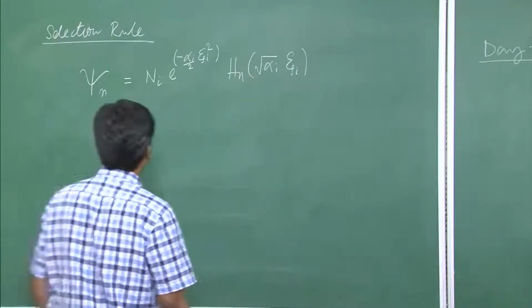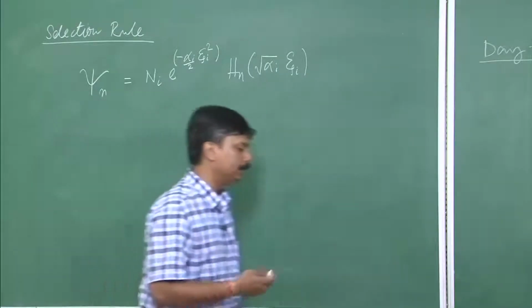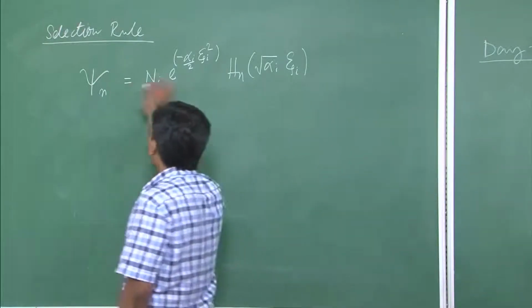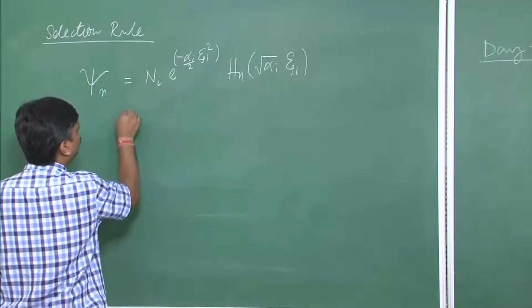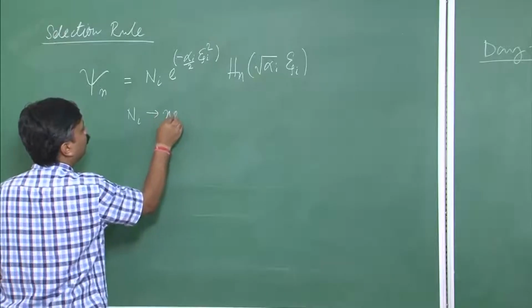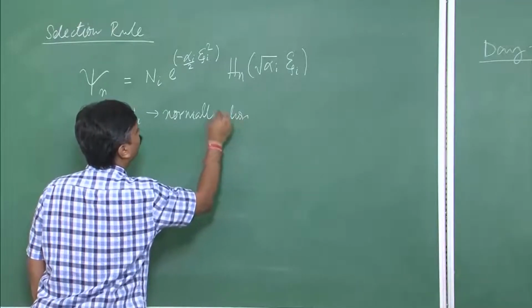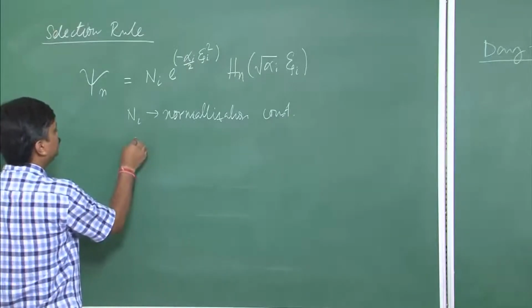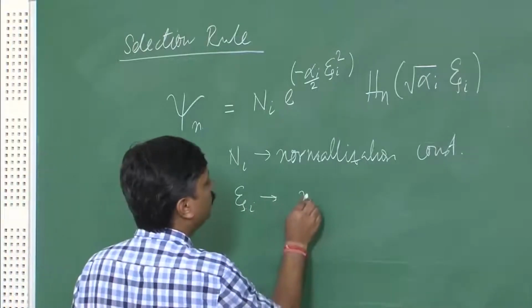You can find this in any textbook of quantum mechanics. So here in this expression, we have a normalization constant. So Ni's are normalization constants, and this xi I is the ith normal coordinate.